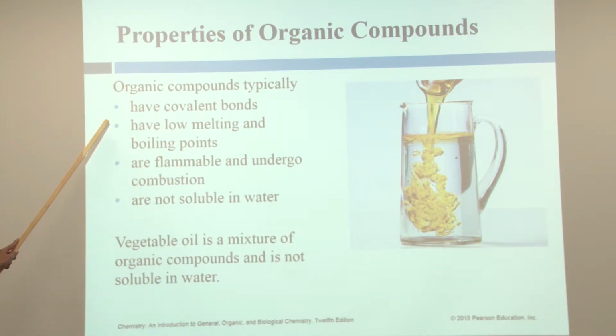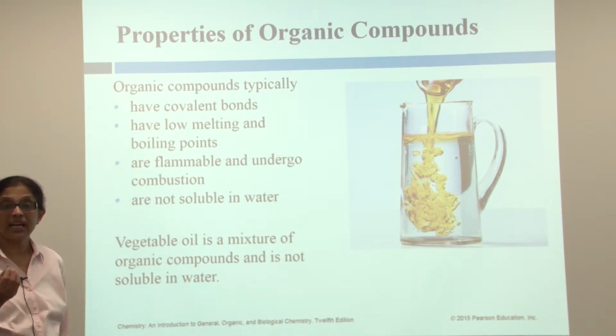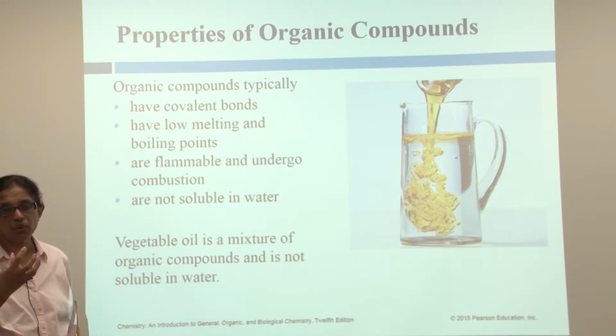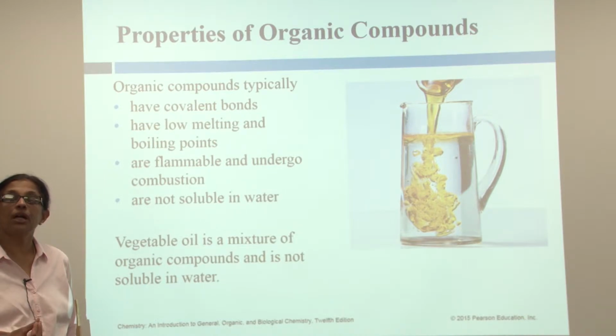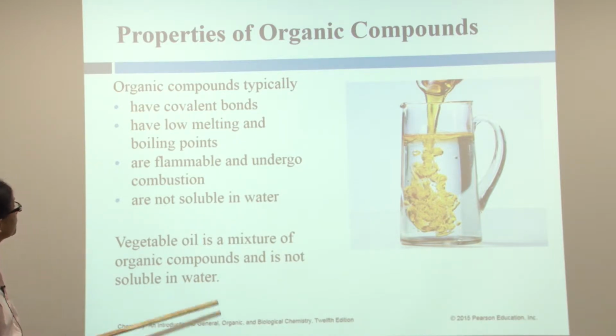So organic compounds have covalent bonds. A compound is made up of two or more elements coming together in bonding. So the two or more elements that make up the organic compound come together through covalent bonds, which is sharing of electrons between those individual atoms.